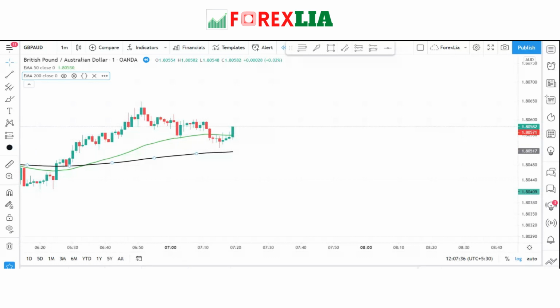Now here is the indicator buy signal confirmation. If the 200 EMA is below the 50 EMA, it means a bullish trend.